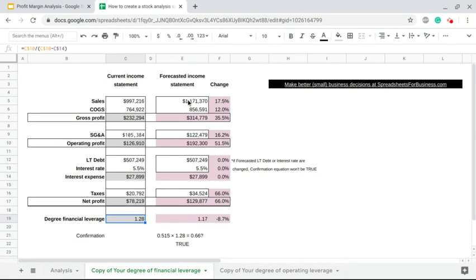Well, if you look here, after these new numbers are entered, we expect a 51.5% increase in operating profit. Real good. But we're also going to leverage it up by 1.28, so net income isn't going to increase by 51.5%. It's going to increase by 66%, because 0.515 times 1.28, the degree of financial leverage, equals 0.66.